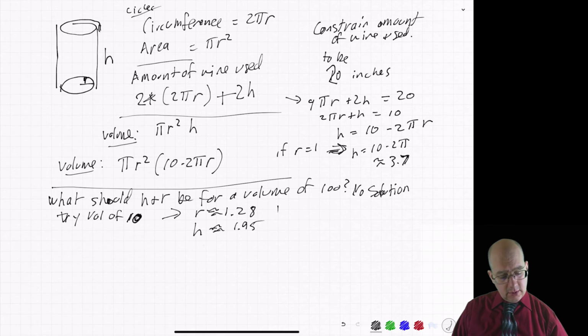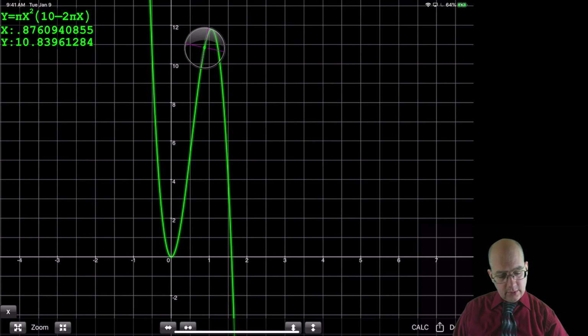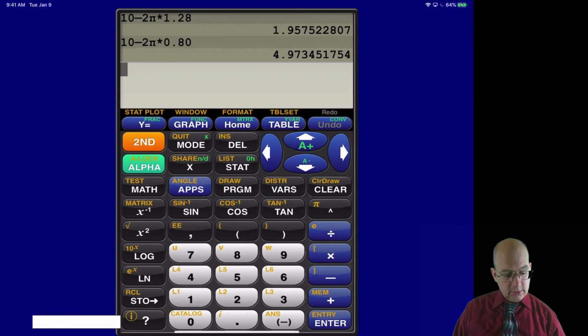And so there was also the other possibility. I won't go through the guess and check there, but just to confirm that that made sense too. So that was about 0.8, right? So second, enter. And then 0.80, so 4.97.